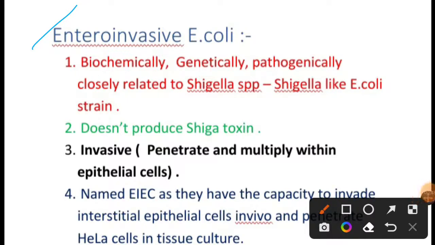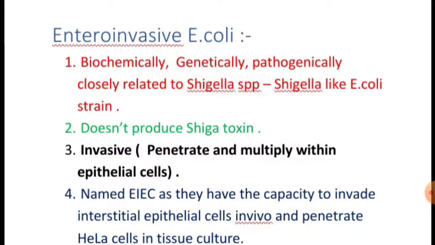Enteroinvasive E. coli is the full form of EIEC. As its name suggests, they are invasive, which means they have the ability to invade their target cell and cause infection.